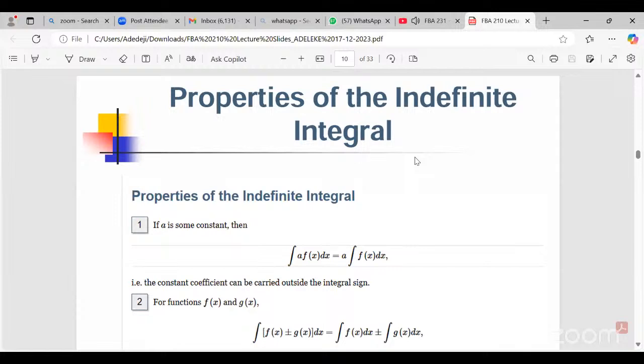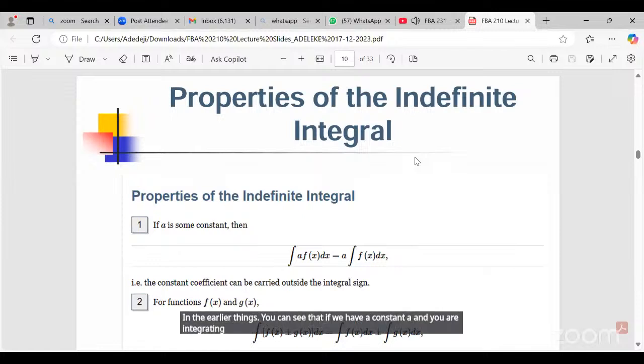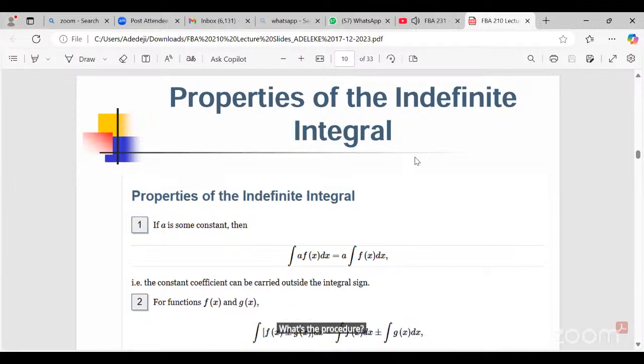But what are the properties of integration? These properties actually guide the standard integrals as presented in the earlier tables, in the earlier pages. You can see that if you have a constant a multiplying a function, what the procedure is proposing is that you factorize it.